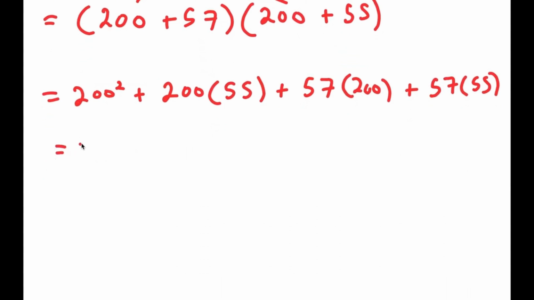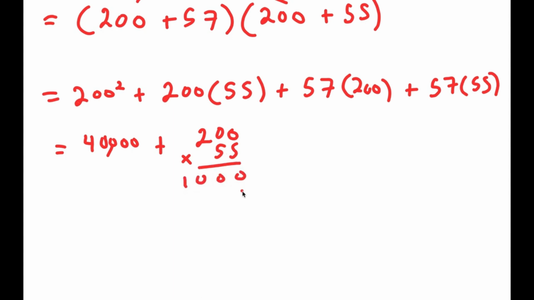Now 200 squared is equal to 40,000. 200 times 55, I'm going to write this right here: 200 times 55, we have 0, 0, 10, 0, 0, 10, and I add these up: 0 plus 0, 0, 0, 0, 1, 1.